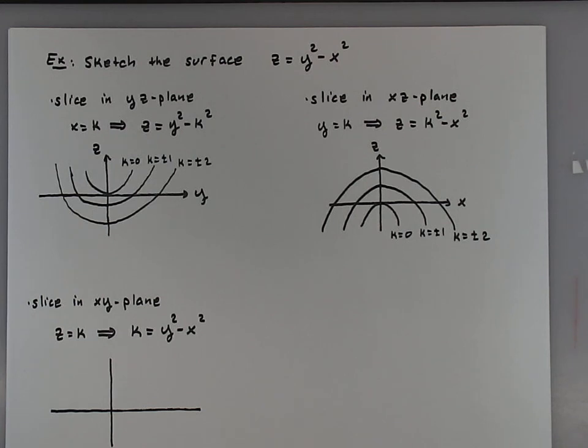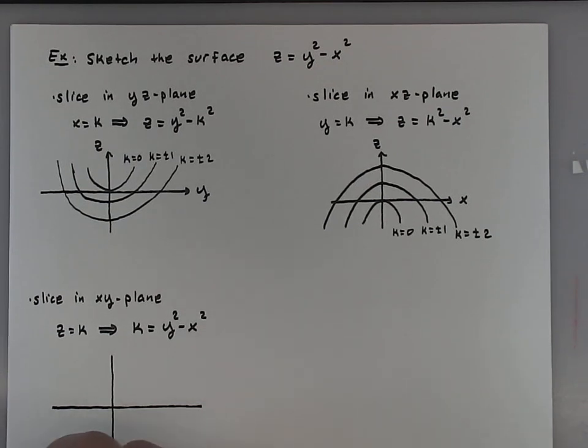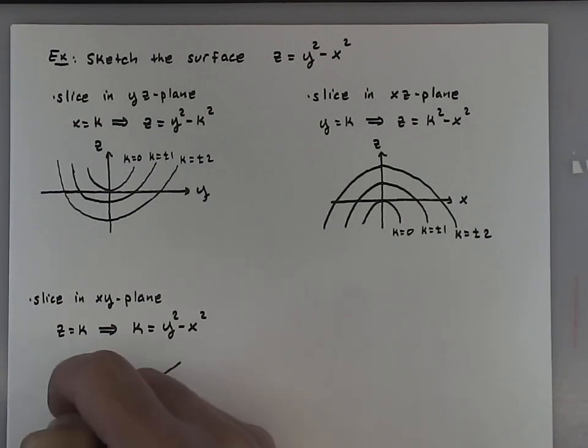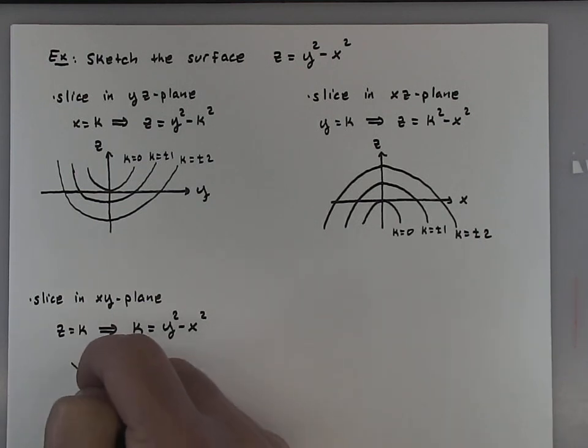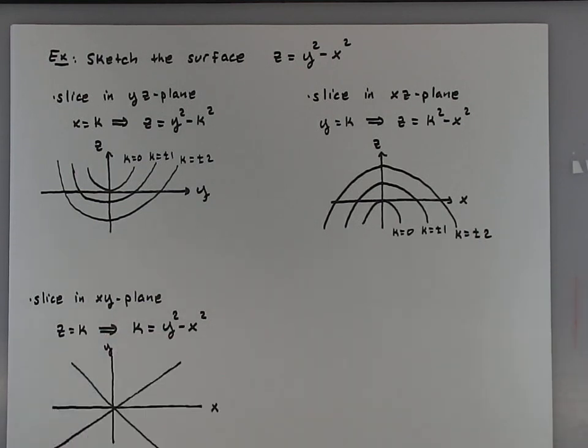If k is 0, y squared is equal to x squared, which means x equals y and y equals negative x. So this would be x, and this would be y.